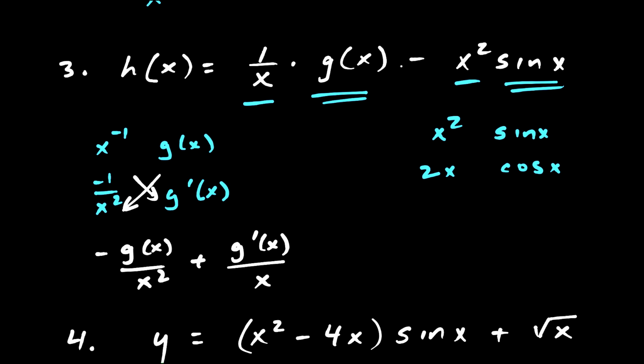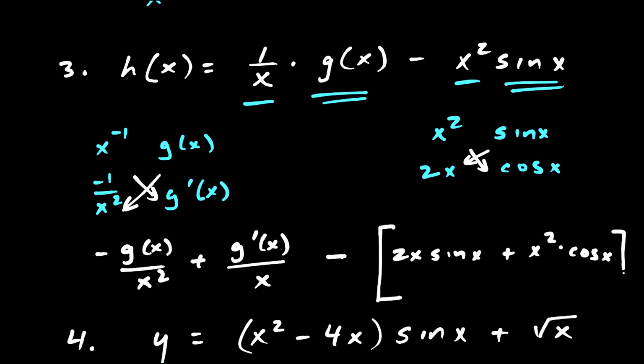And then remember, over here we had minus, so we're subtracting, and this is where we have to be careful. We're subtracting this whole thing. So when we go across here, it's inside, so we're going to have 2x sine x plus, or we can distribute that negative, and then we're going to have x squared times cosine of x.